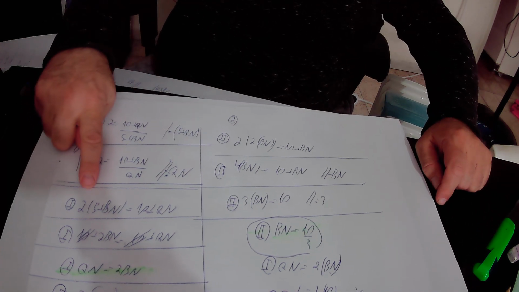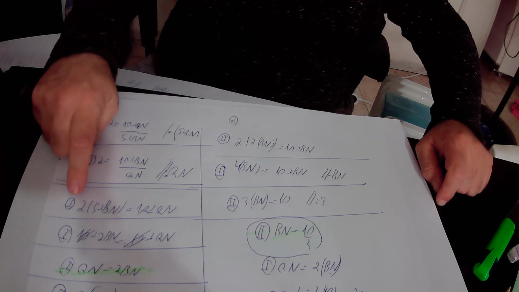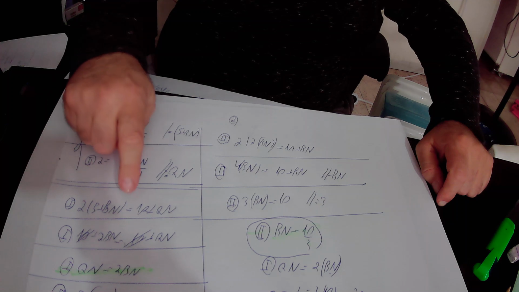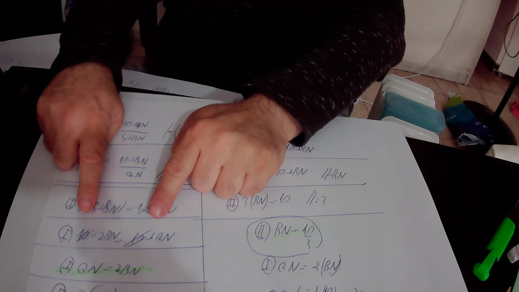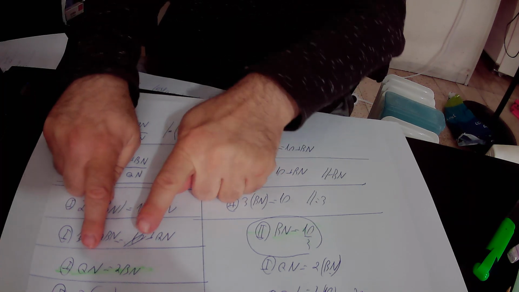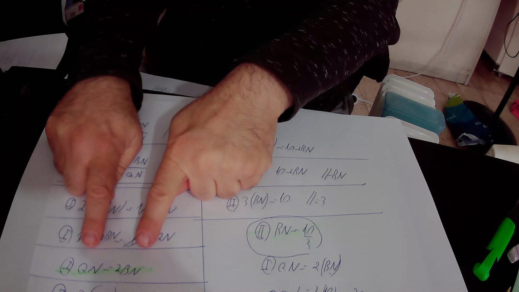Here we open the brackets: 2 times 5 is 10, plus 2Bn, equals 10 plus Qn. Here we have 10 on both sides of equation number 1, so 10 will get cancelled. We are left only with Qn equals 2 times Bn.